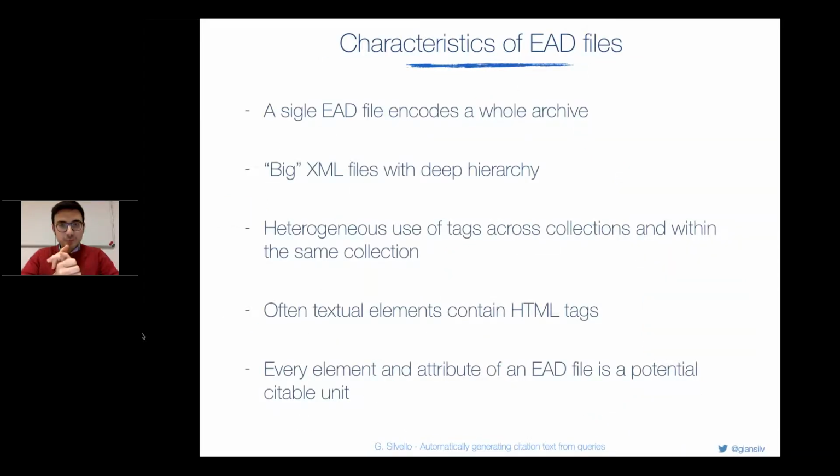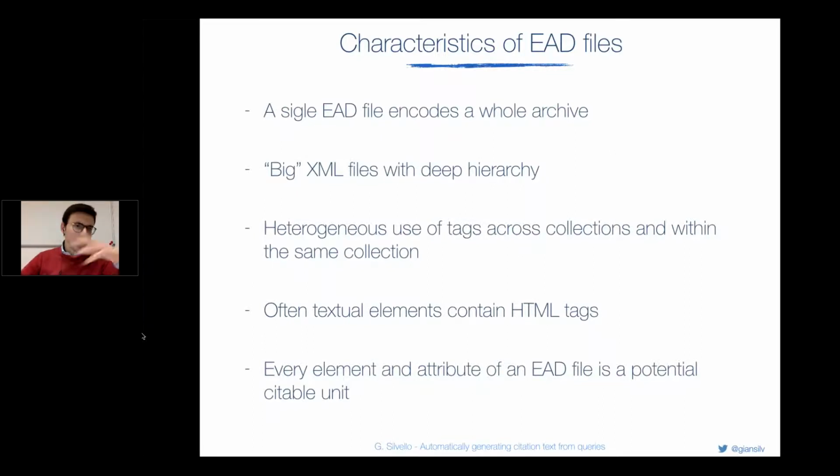What we have to keep in mind is that a single EAD file encodes a whole archive. So we have big XML files with deep hierarchy, and these EAD files are quite heterogeneous one with the other. So we have heterogeneous files within the same collections and also across collections. So for each single archive, we can assume that the rules defined for a single archive can be reused for other archives.